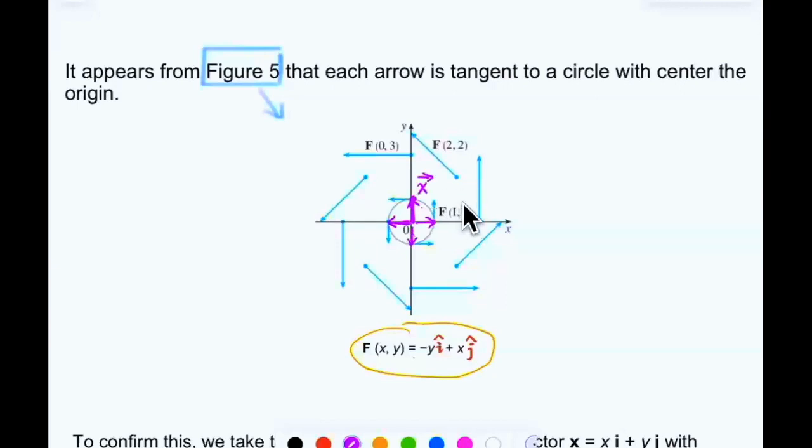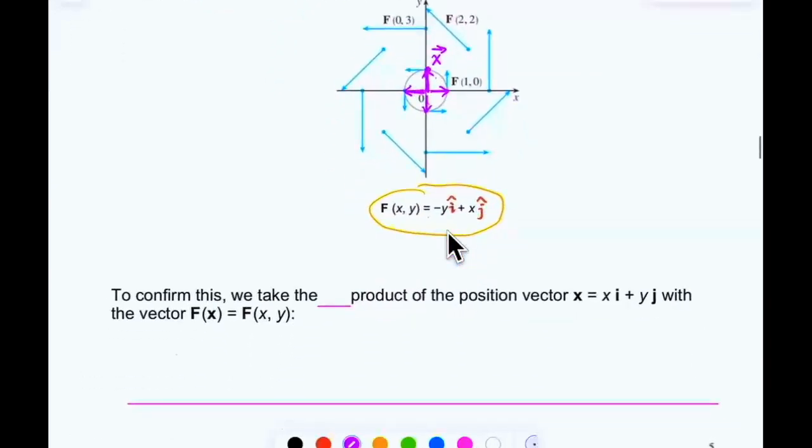If I can show that x bar and this vector associated with this point are orthogonal, then I show that it is tangent to this circle. So to do this, we take the dot product of this position vector with this vector, the blue one over there.